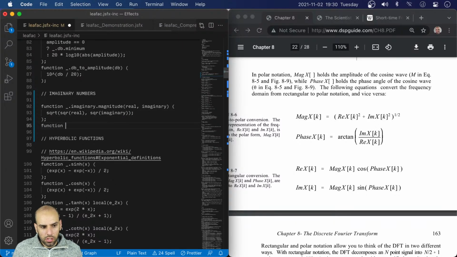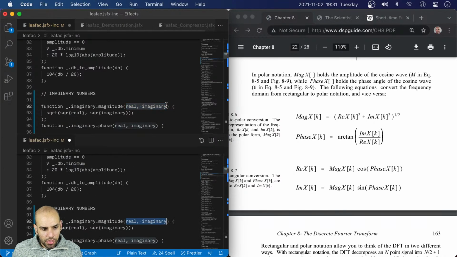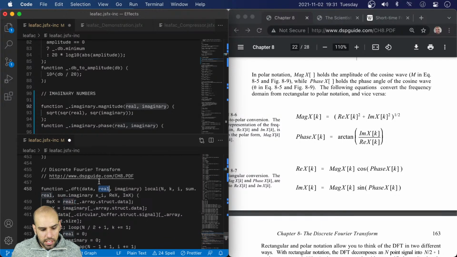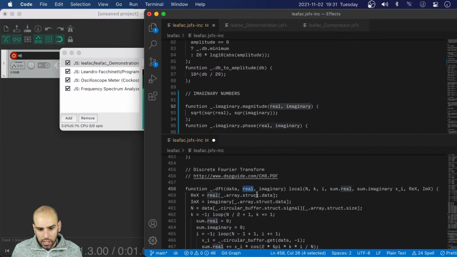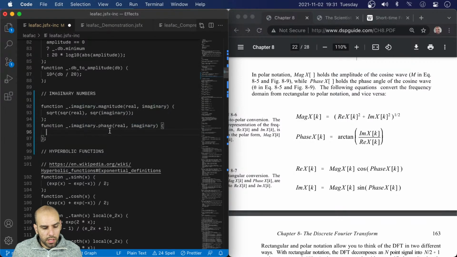And then another function called the phase. Again, I will have the real part and the imaginary part. And it kind of becomes annoying that the real and imaginary here are numbers, while the real over there in the DFT is an array. We'll have to revisit those names. Right, so the imaginary phase is this.